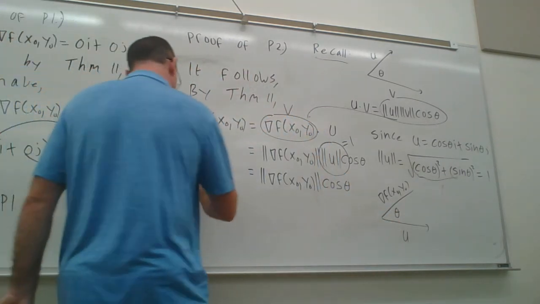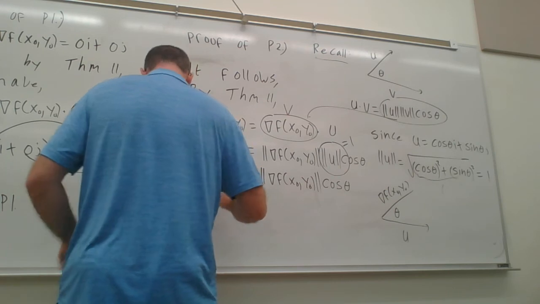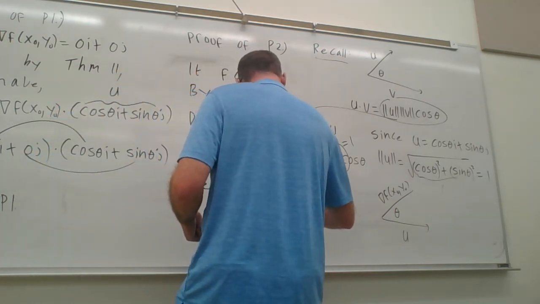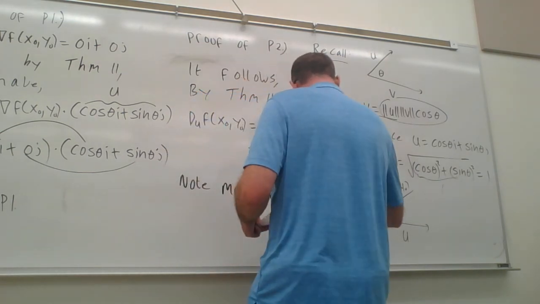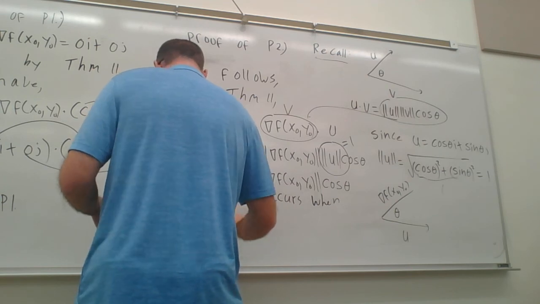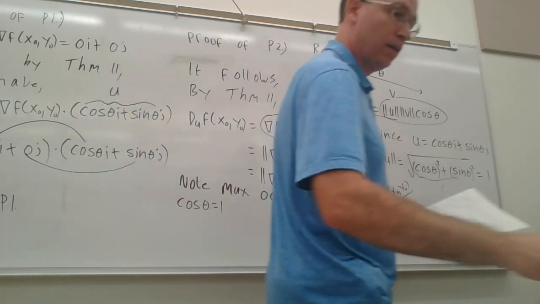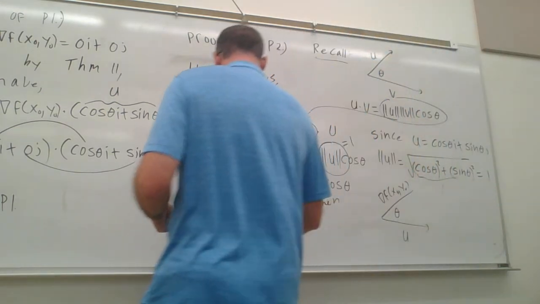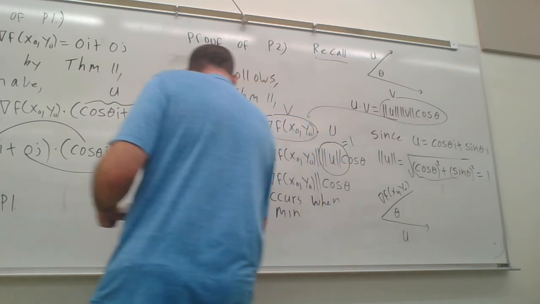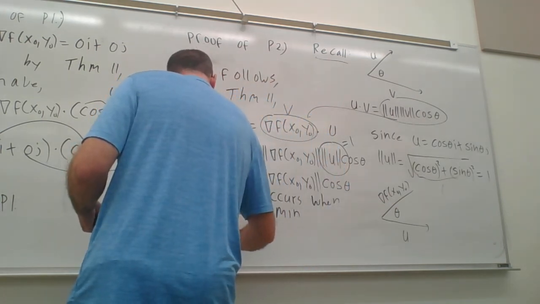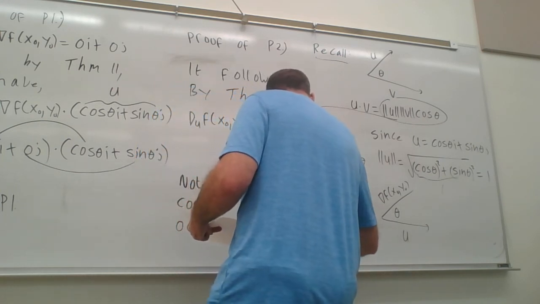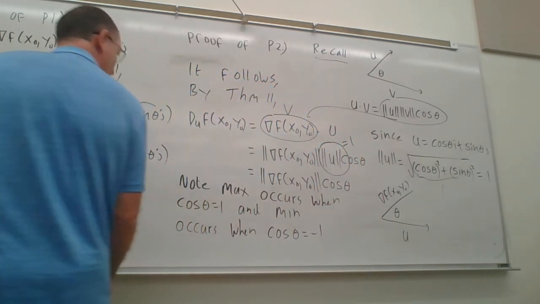So note, max occurs when cosine theta equals 1. And min occurs when cosine theta equals -1.